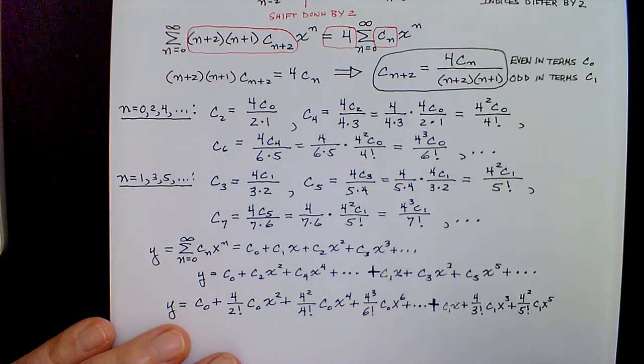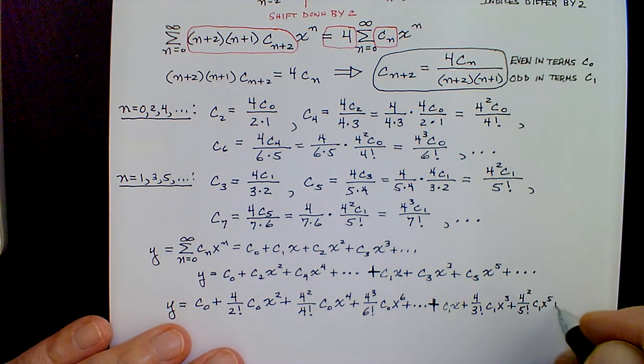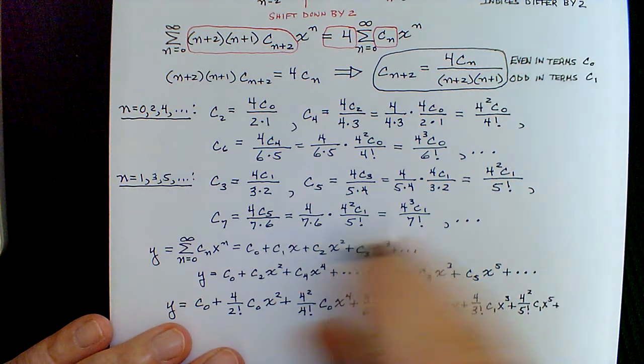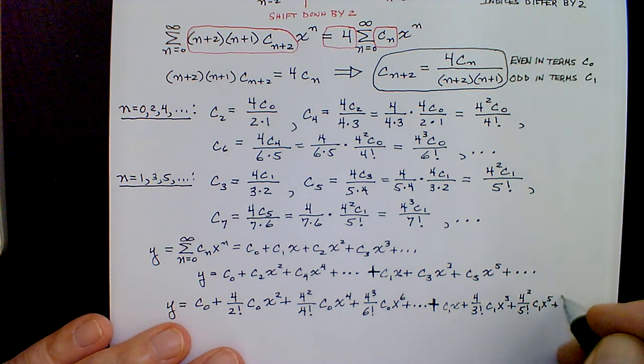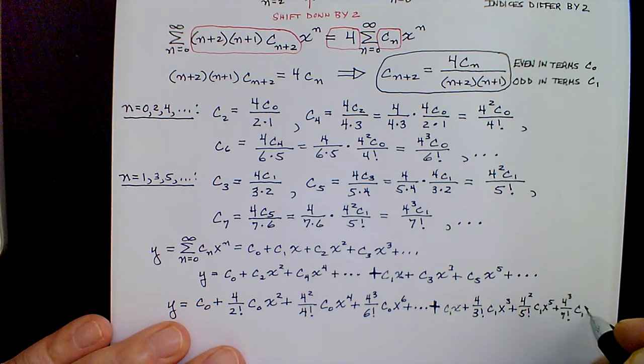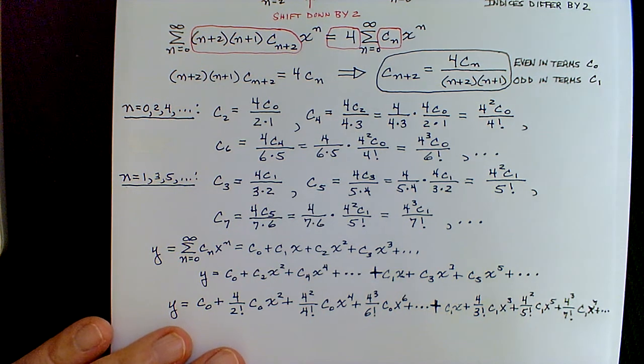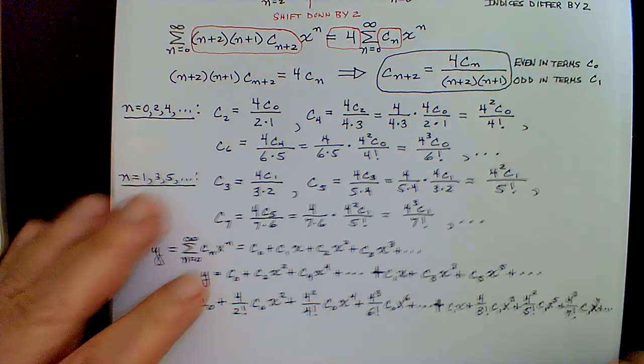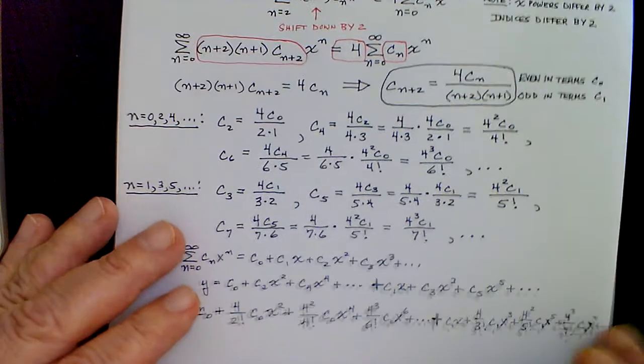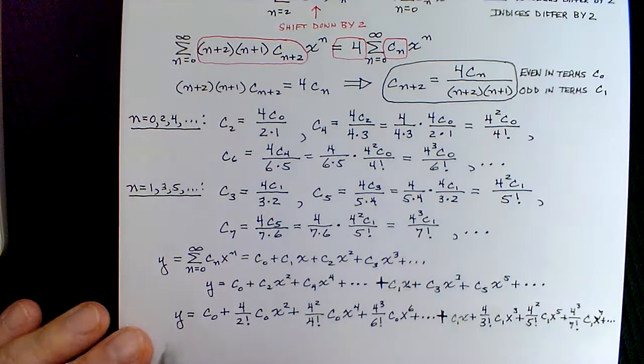Let me squeeze in one more here. Plus c7 was 4 cubed over 7 factorial, c1 x to the 7th, plus dot dot dot. Alright, sorry for squeezing everything in there. Should have given myself more room, but that worked. Alright, so now the even ones.